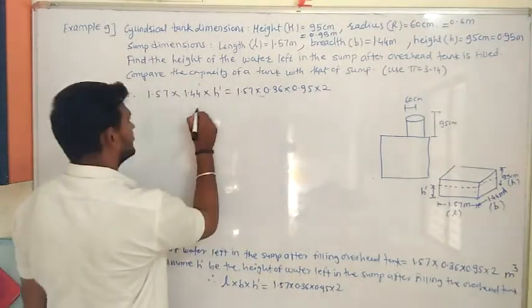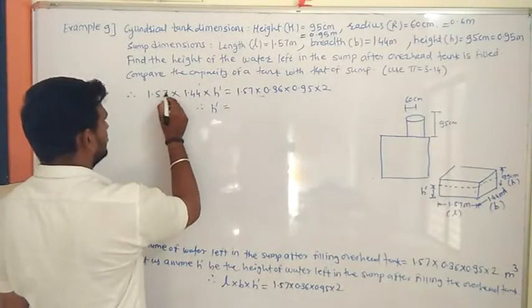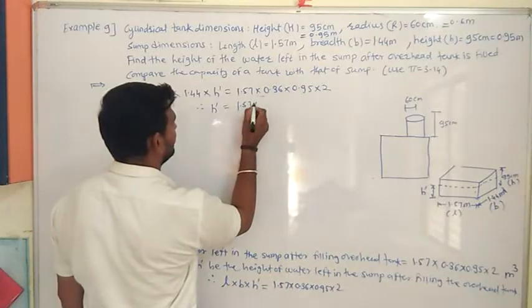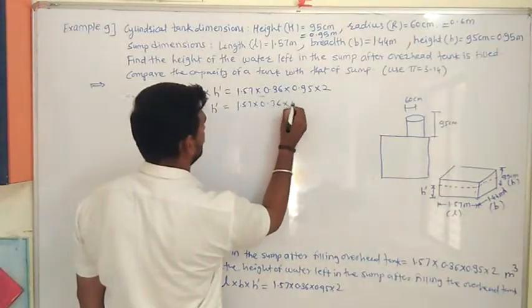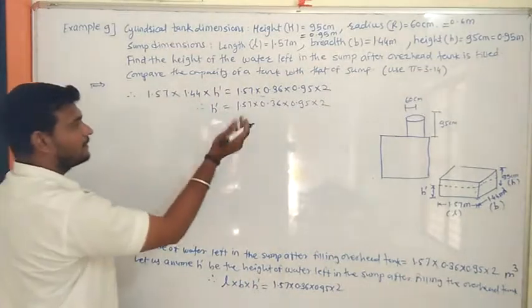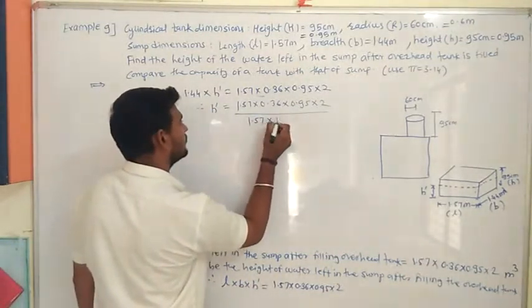This much amount is volume. Therefore, height H dash is equal to 1.57 into 0.36 into 0.95 into 2. Now send this 1.57 and 1.44 towards the right hand side. You will get 1.57 into 1.44.